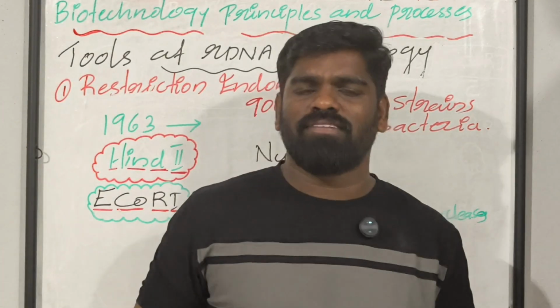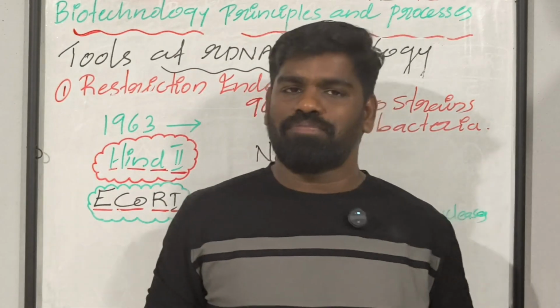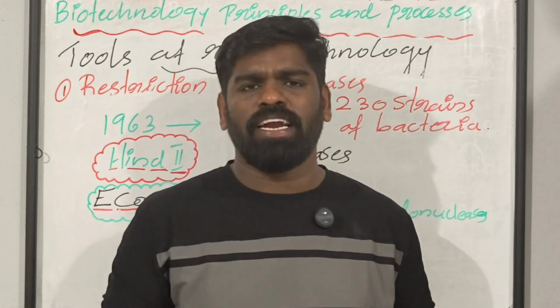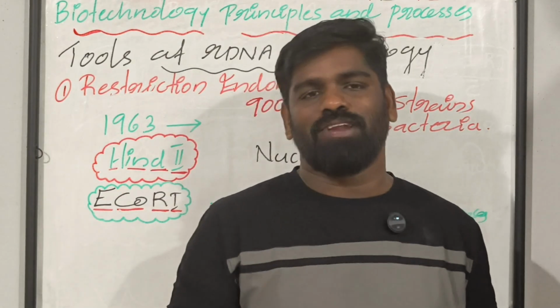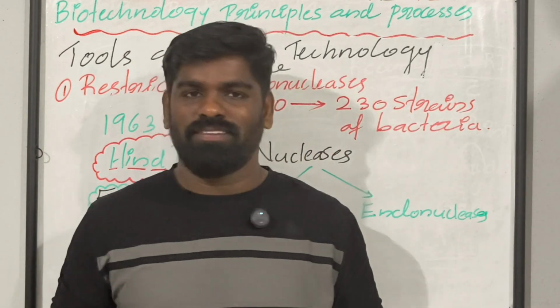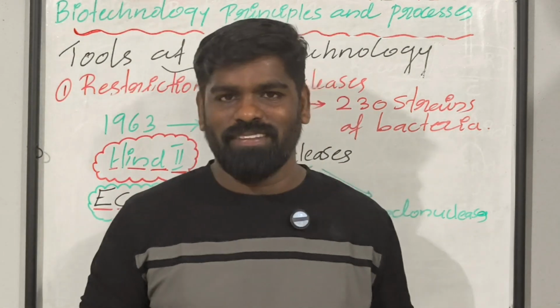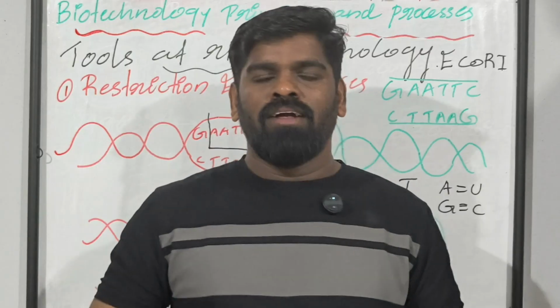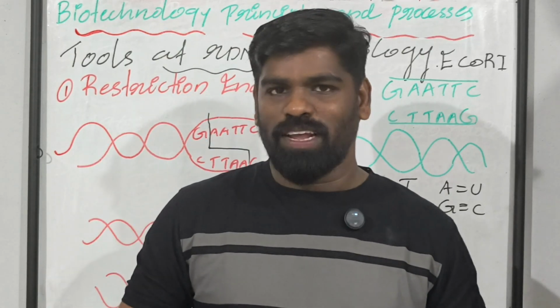Endonucleases, we already discussed, will cut the DNA. Once they identify the palindromic sequences, they will cut the DNA. That is endonucleases. So here, exonucleases, endonucleases. We already discussed the restriction endonucleases.